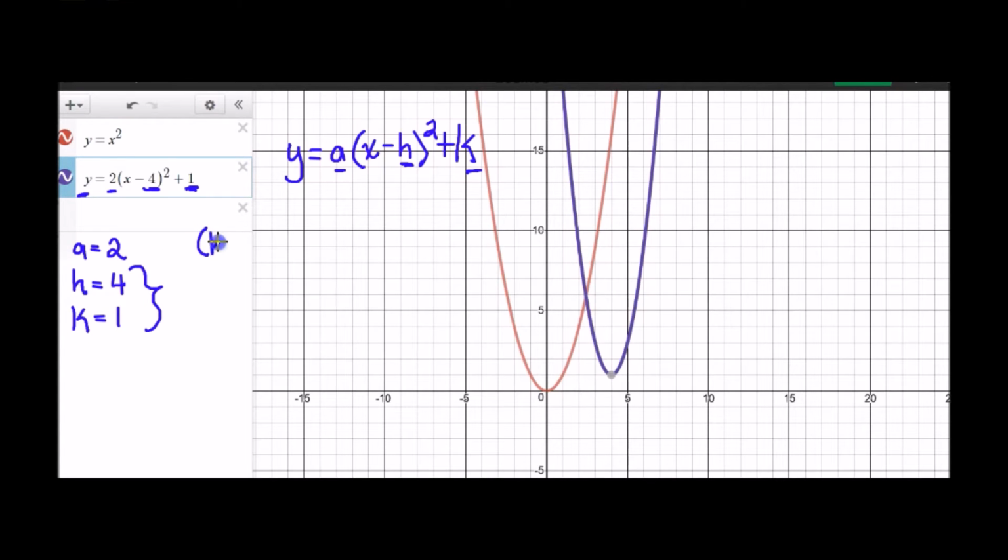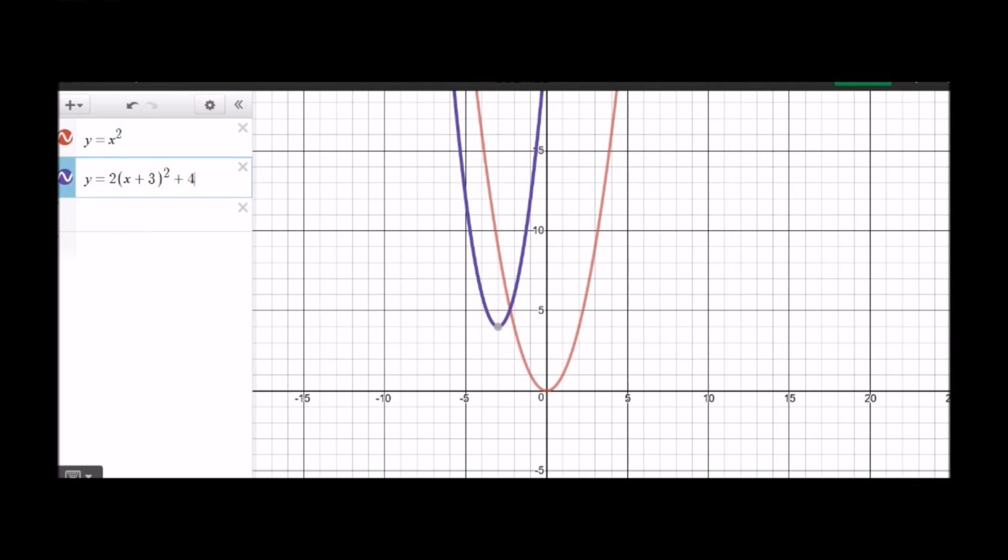Since my vertex is always (h, k), I know right away my vertex is going to be (4, 1). And as you can see, because I graphed it over here, it's moved from (0, 0) over 1, 2, 3, 4 units right, 1 unit up. That's exactly where my vertex is going to be.